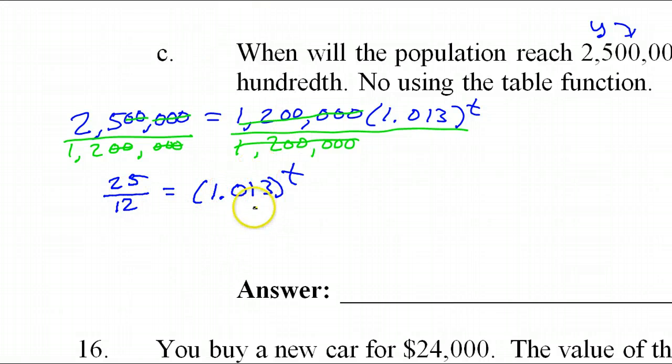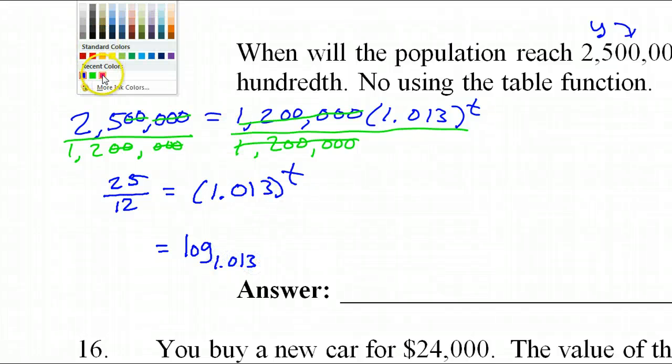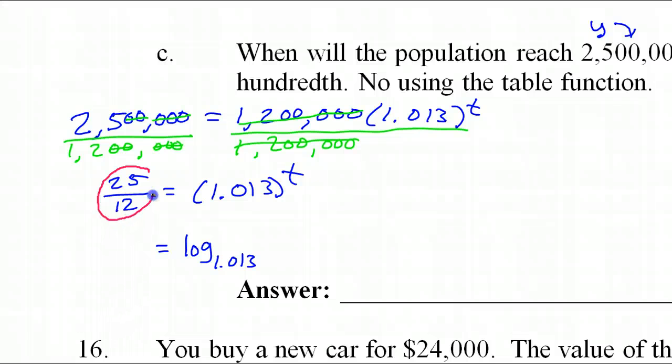Okay, so just like we've done many times, we're not going to divide right now. We're going to rewrite this in log form. When you do log form, you start with the base. So you write log base 1.013. Then this fraction and the t are going to switch places. So I'm going to have t equals over there, and then 25 over 12 right here.